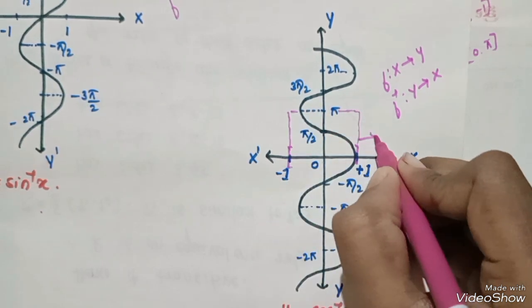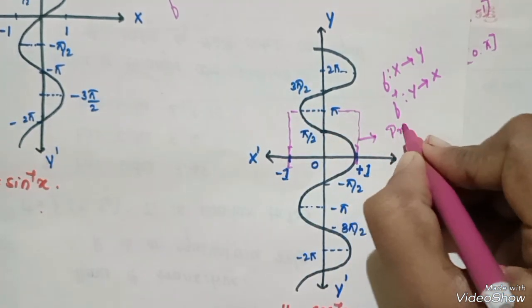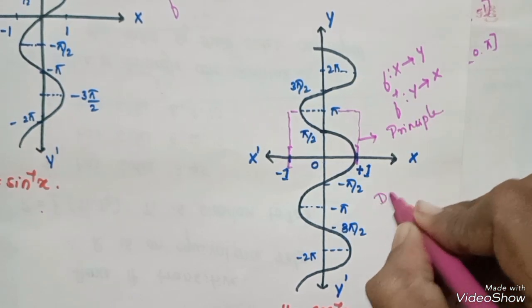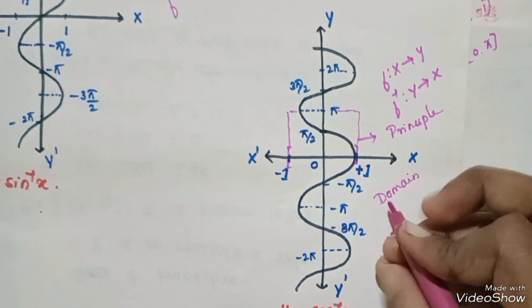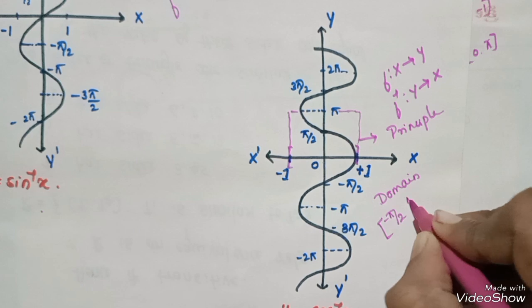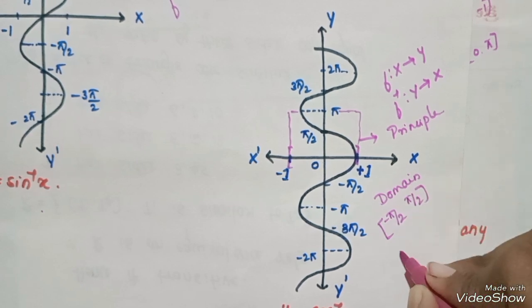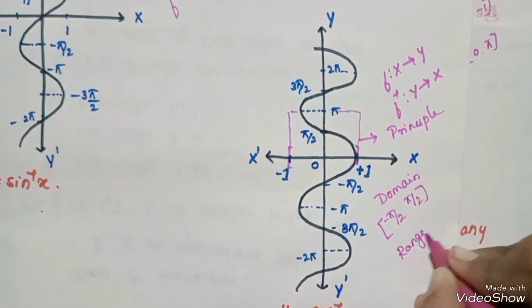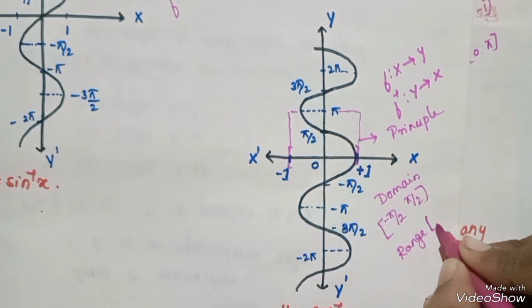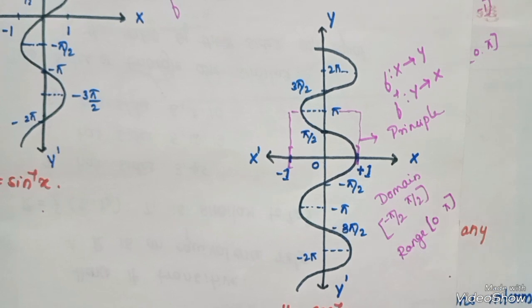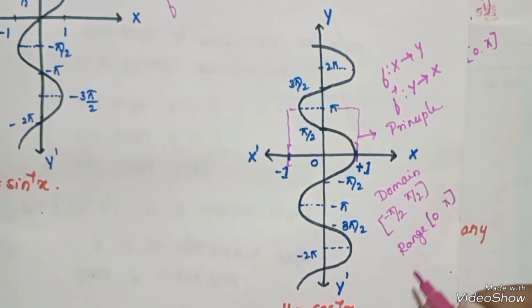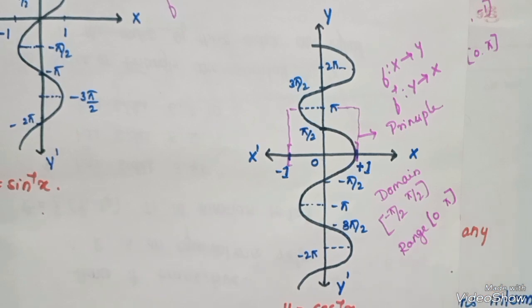This range is called the principal range. For the cos inverse function, the domain should be minus 1 to 1, and the range should be 0 to pi.